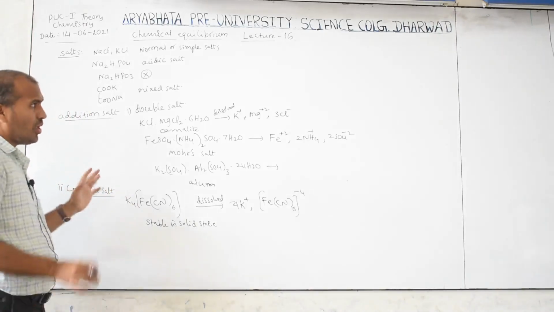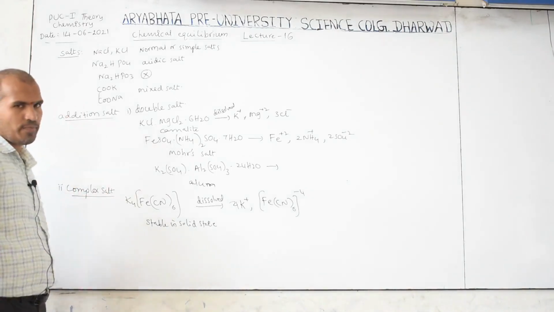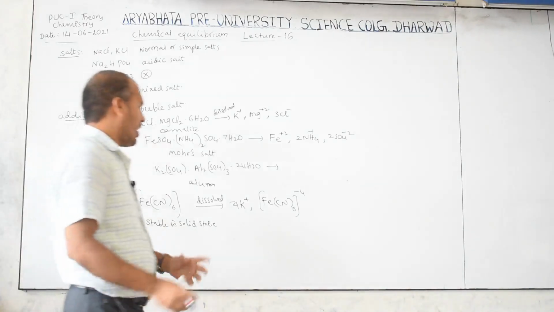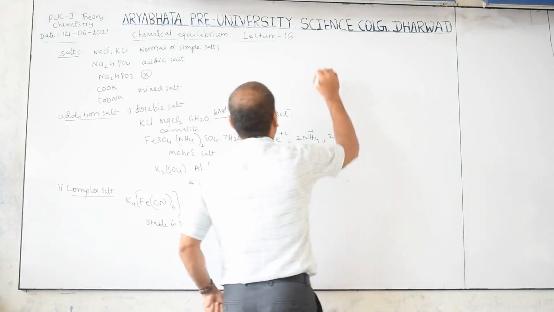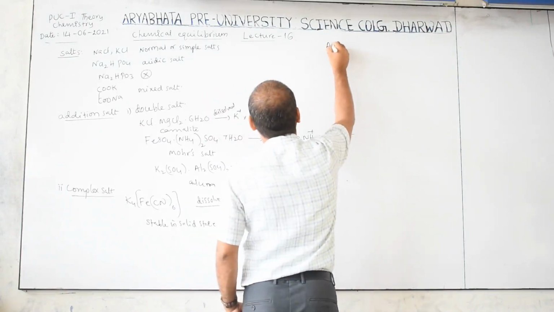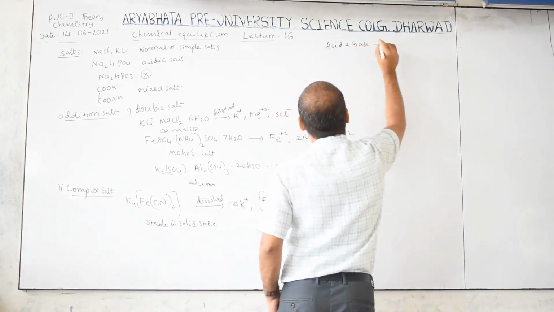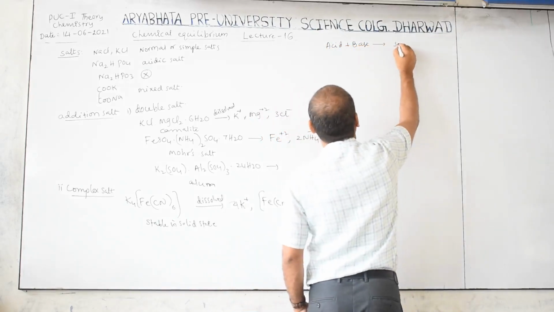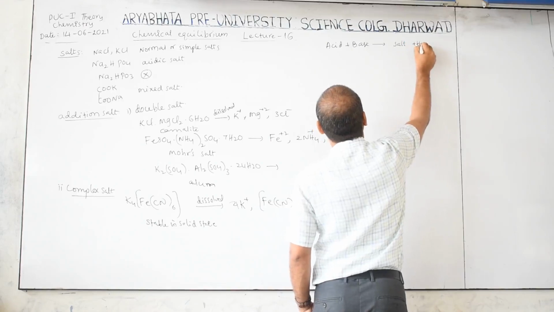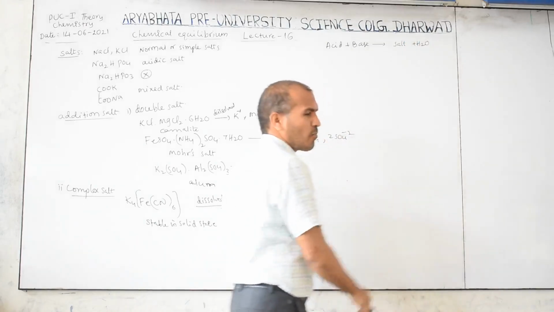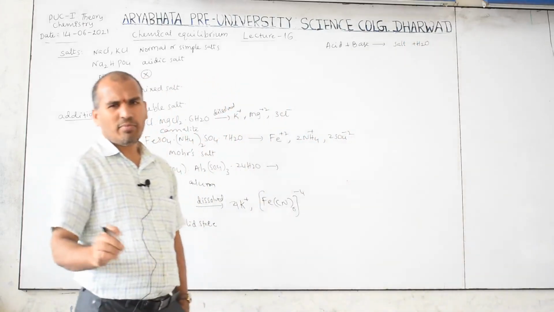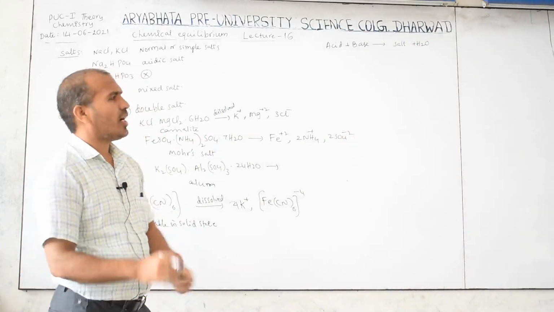Okay, so we know the types of salt. Now, I am mixing the acid and base. Acid plus base gives salt plus water. When acid and base are given, we always have to write the equation.